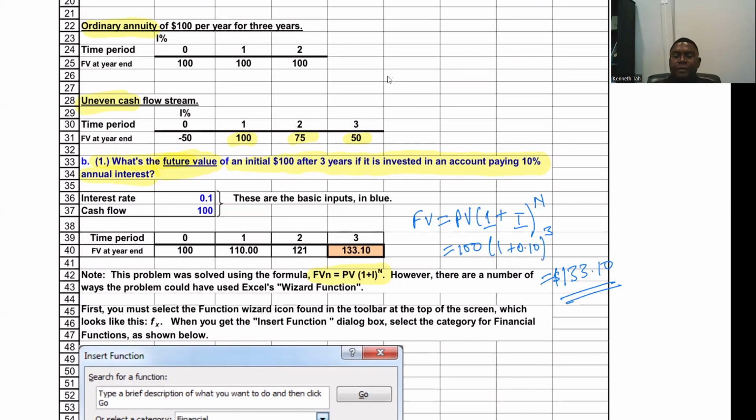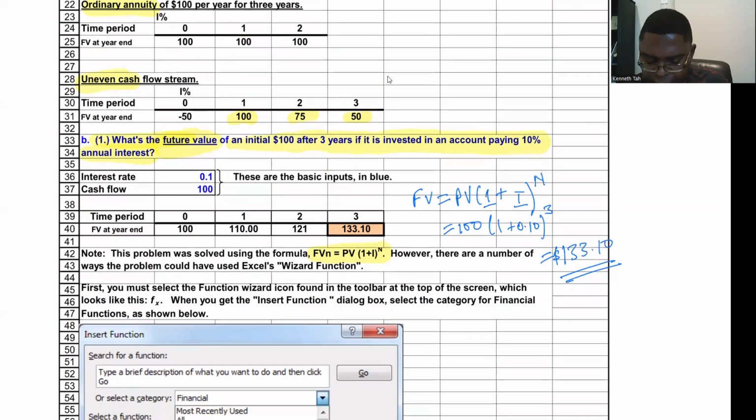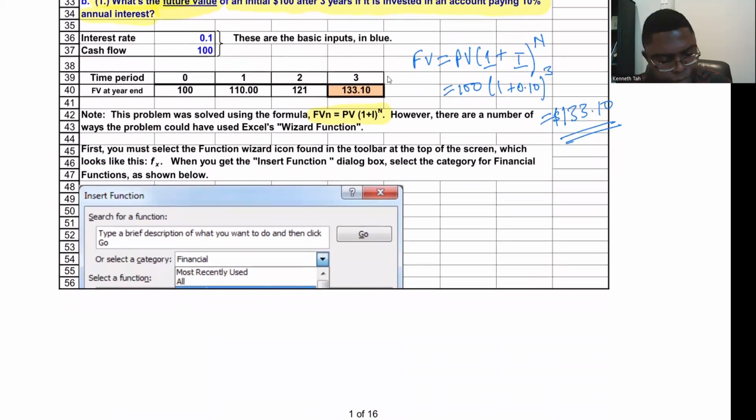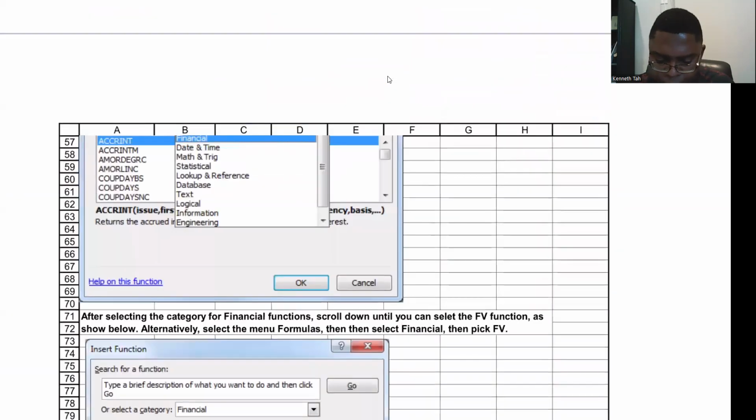We have the formula for future value. We are given present value, we are given the interest, we are given n, the number of periods. We input that in the formula, and we are able to calculate the future value. We can also use Excel in calculating this problem.